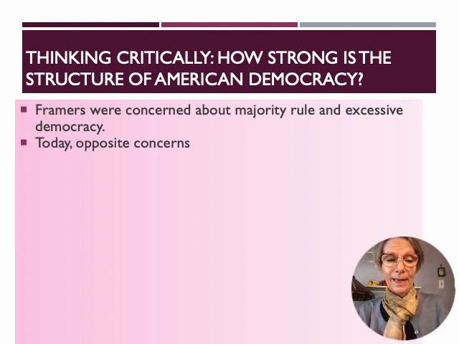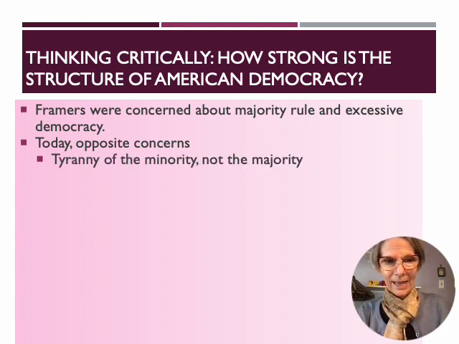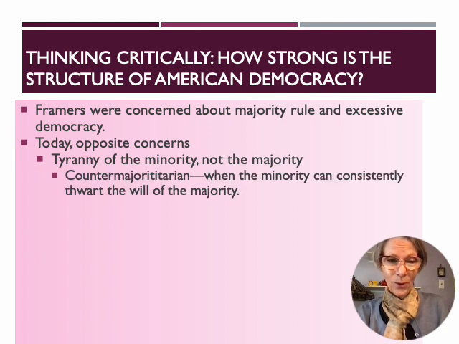Today, one might say that we have opposite concerns. Today, I think a lot of people are worried not about tyranny of the majority, but tyranny of the minority. That is, those in the minority are thwarting the desires of those in the majority. We talked about that in the last lecture, where what the people want in terms of public opinion oftentimes doesn't get translated into federal law.